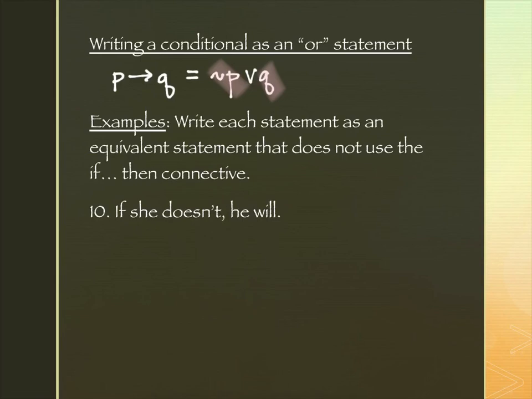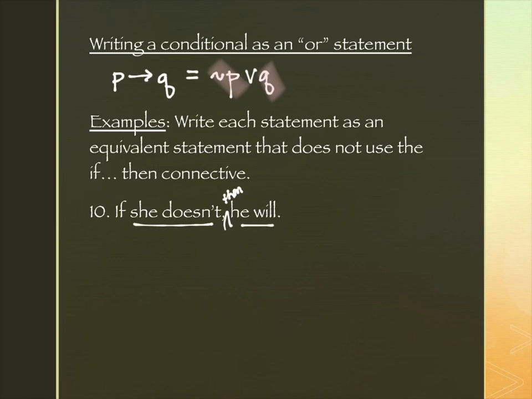So we're going to take a statement now and write it as an or statement. It's in if-then form. Again, it doesn't have the word then in it, so if that bothers you, just put it in there. The two statements are she doesn't and he will, which are kind of short and sweet. So instead of writing an if-then, we're just going to write the first statement as a negation.